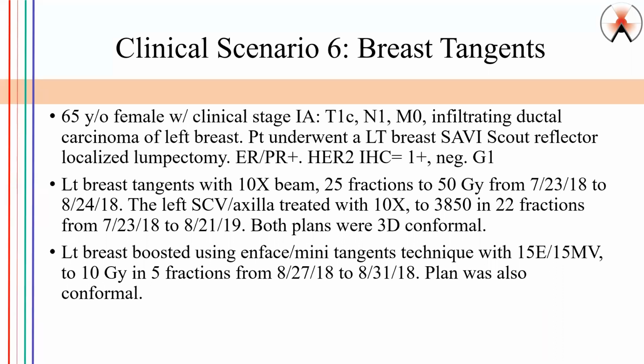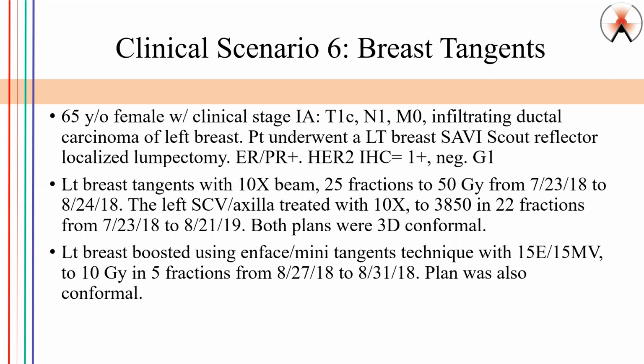So here we go. Bullet number one, that's pretty much basic, the staging and the type of cancer that this patient has. Bullet number two and three is generally what we get with the treatment summary. And again, right now, there is no uniform format that is used to present this information to us.